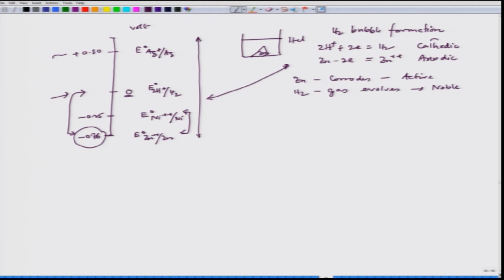So this would be acting as positive and this as negative if we have unit activities of the nickel as well as zinc ions. Then this would be the noble and this the active component of that cell.